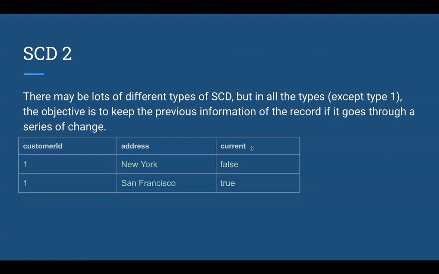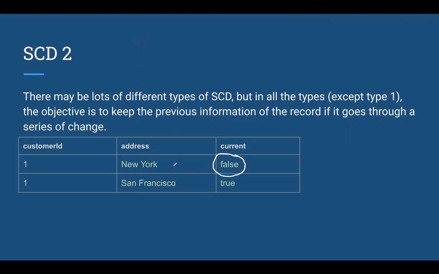And we can have one flag here, as you can see, the current flag, which contains the information whether it is active or inactive. And if a record gets updated, the previous information is kept, but the flag is false. It means it's not the current record.